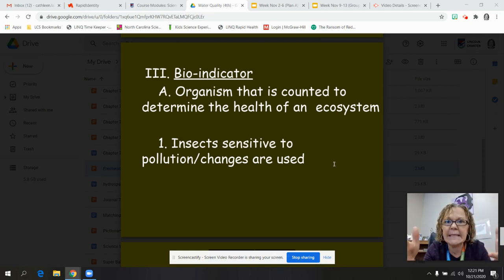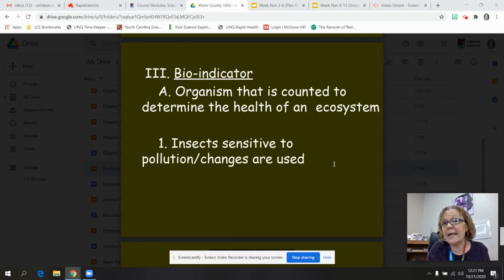Usually they're like insects. And if you find those super sensitive insects in that water, that means that the water is healthy. Those are good bioindicators because they indicate that it's a good quality for life in that body of water. But if you don't have those bioindicators, those super sensitive insects, that means that your water isn't of good quality because they're dying.